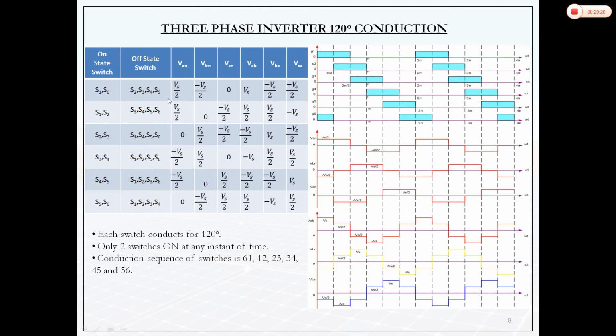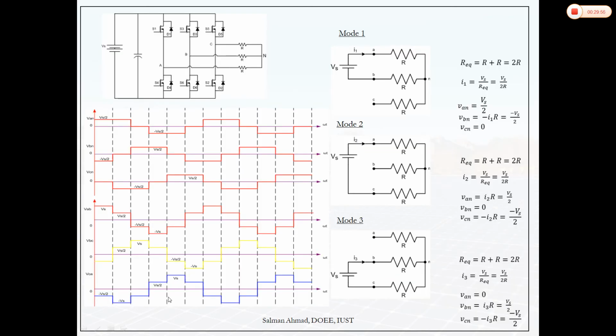So you will observe that in each state only two switches are turned on and all other switches are turned off. That is why it is called 120 degree conduction. The sequence will be 6 1, 1 2, 2 3, 3 4, 4 5, 5 6. Then again 6 1, 1 2, 2 3, 3 4, 4 5, 5 6, and the same thing will repeat.